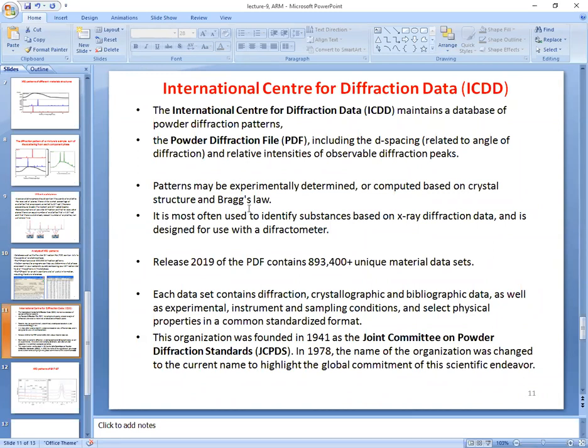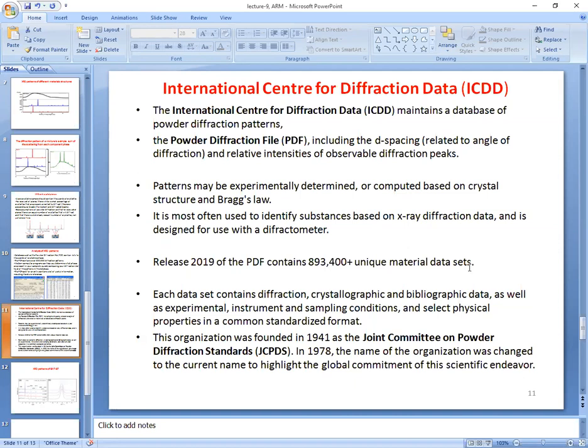So computationally, we can obtain a diffraction pattern using Bragg's law. It is most often used to identify substances based on X-ray diffraction data and is designed for use with a diffractometer. Release 2019 of the PDF contains about 900 plus thousand unique material data sets.